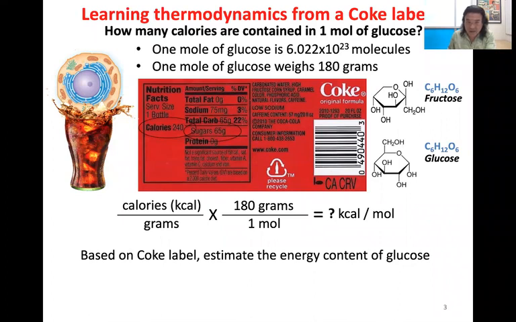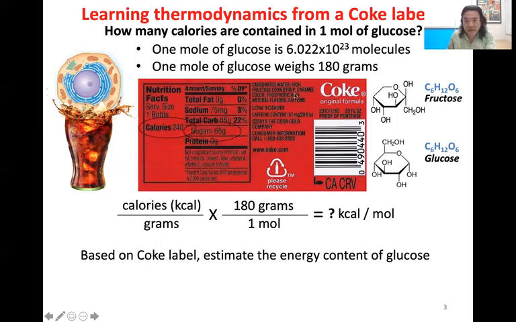So could you use this to estimate how many kcals of energy there are per mole of glucose? One mole of glucose is 6.02 times 10 to the 23 molecules of glucose, and one mole of glucose weighs 180 grams. You could figure that out by looking at the periodic table and calculating the molecular weight of the carbon, hydrogens, and oxygens that make up a glucose molecule.